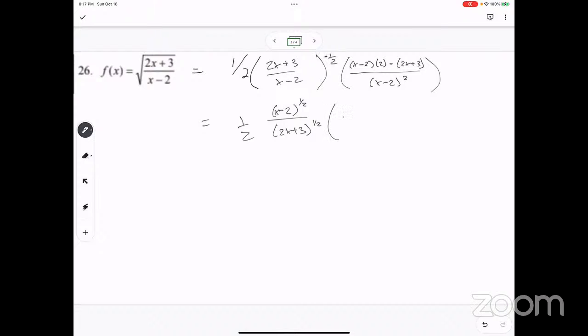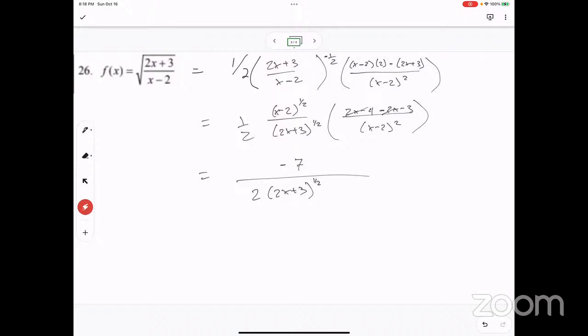And now you've got 2x minus 4 minus 2x minus 3 all over x minus 2 squared. So those cancel out. So now you have -7 on the top, and 2 and 2x plus 3 to the 1/2 power on the bottom.